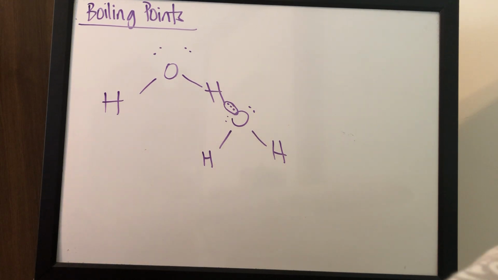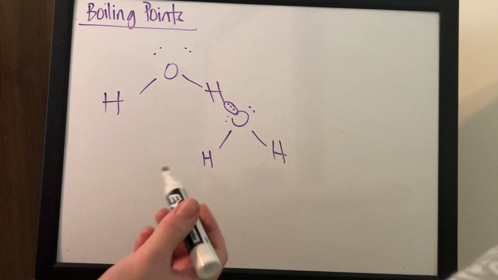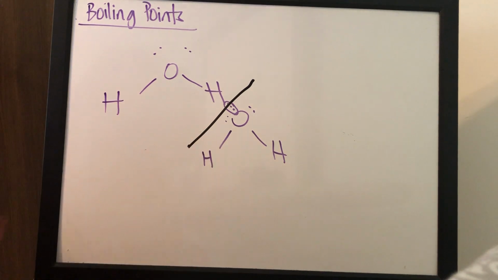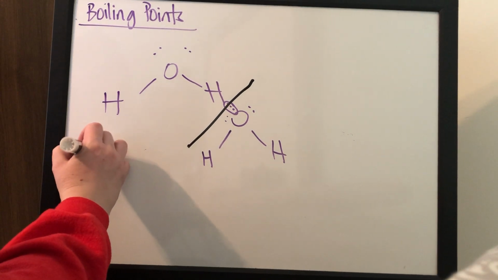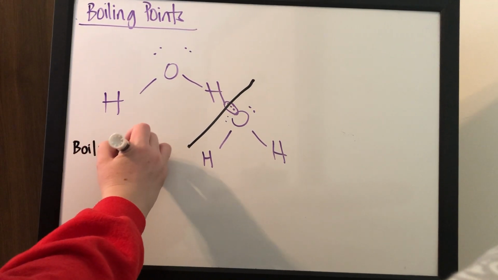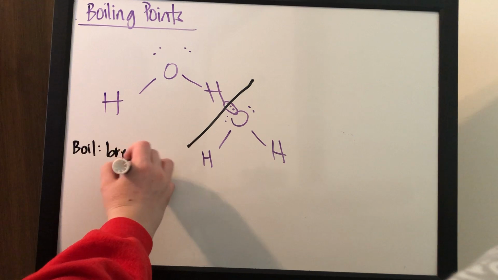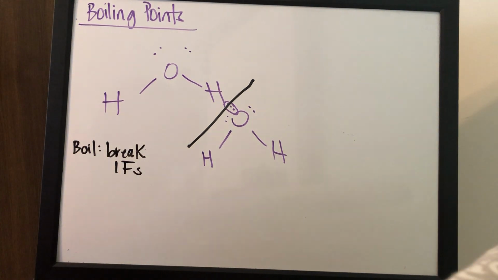So because there is a hydrogen bond that exists here between the O and the H, if we put enough energy in that we can break that, okay, then we have 2 H2Os floating around, which would now be in the gas form. So when we boil, we're breaking intermolecular forces, okay, which of course requires a lot of energy.